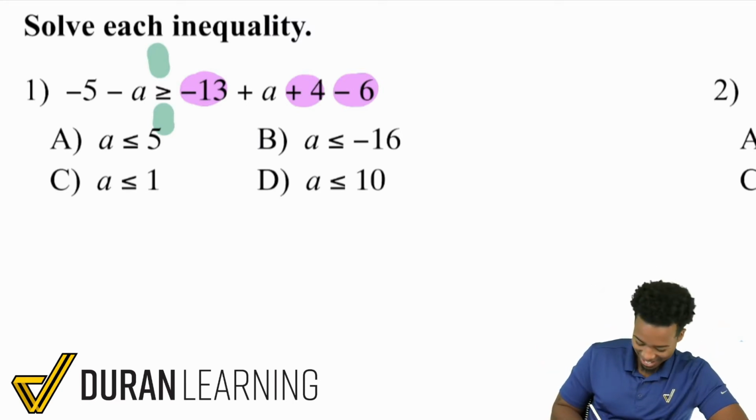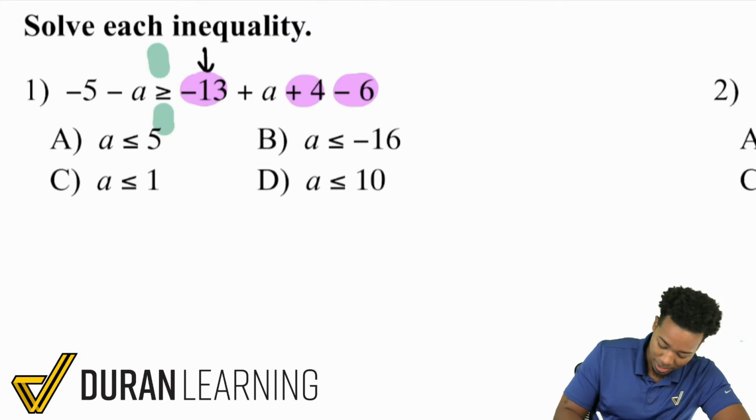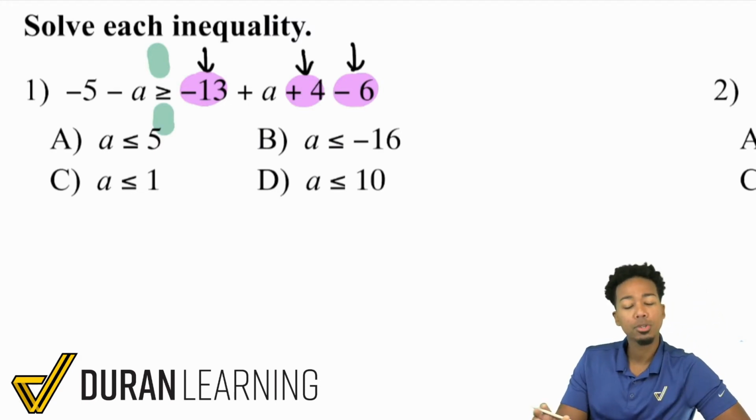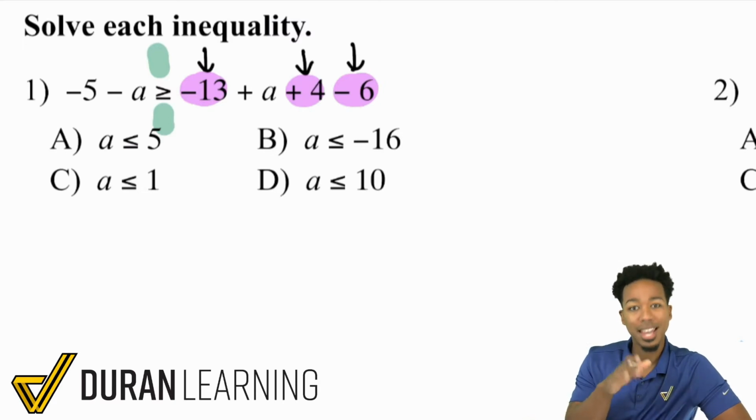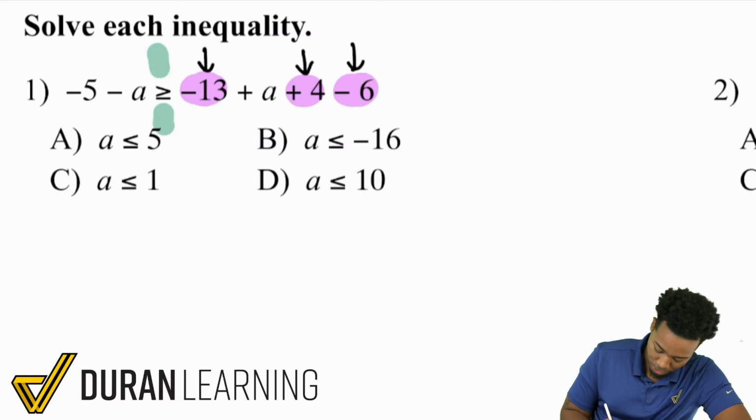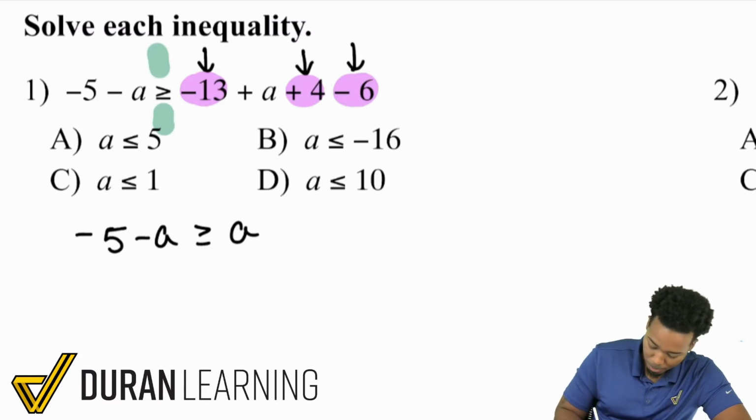Let's go. What I'm going to do is combine the negative 13, add the 4, and subtract the 6. Negative 13 plus 4 is negative 9. Negative 9 minus 6 is negative 15. So this turns into negative 5 minus a greater than or equal to a minus 15.